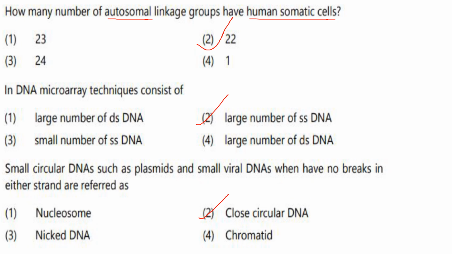Then, the DNA microarray technique consists of: large number of double-stranded DNA, small number of single-stranded DNA, large number of single-stranded DNA, or large number of double-stranded DNA. So, DNA microarray involves immobilizing thousands of single-stranded DNA probes onto a solid surface.